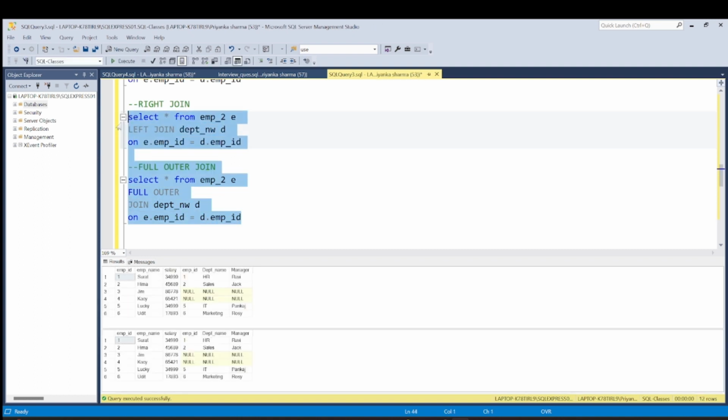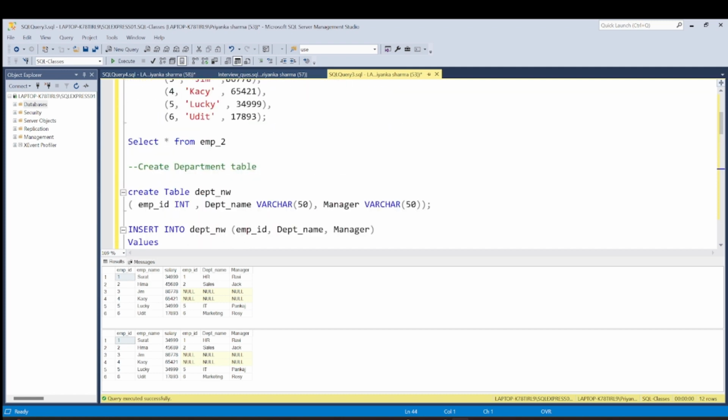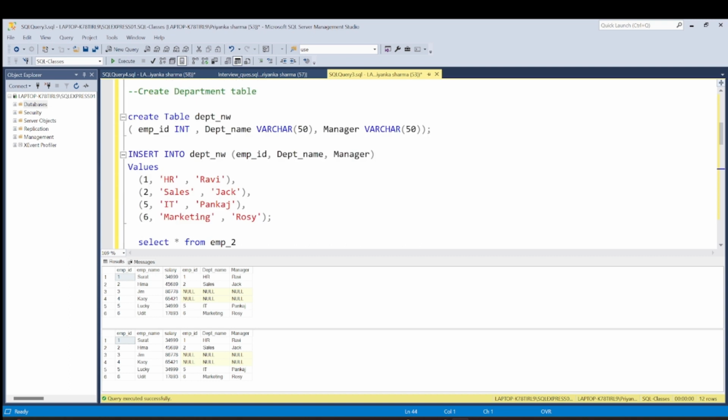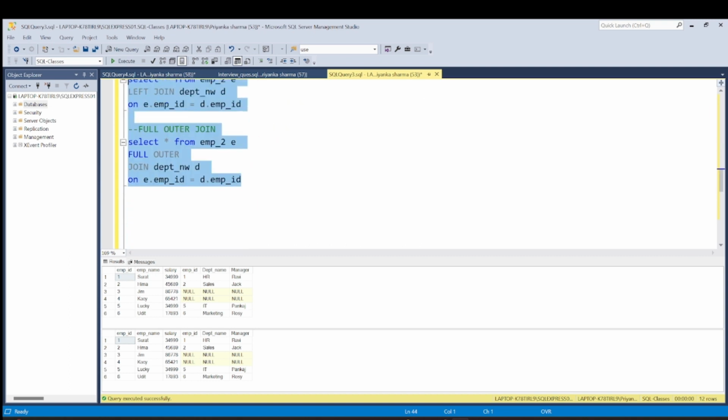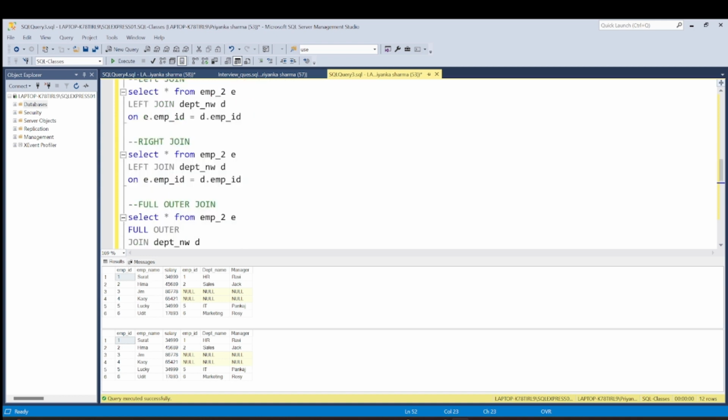So there's no such difference, because in right join also I'm getting the same values because of my ID. Had I deleted these two values, I would have got a different result. All right, so this was about the joins: left, right, inner and full outer join.